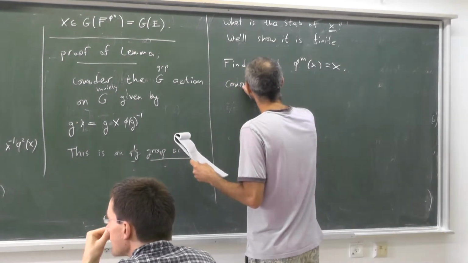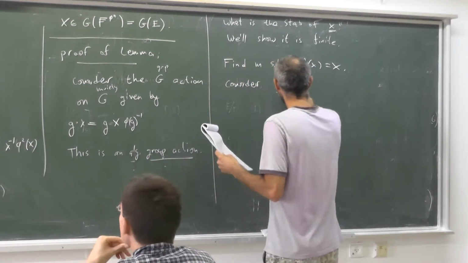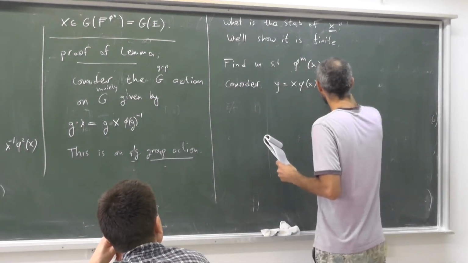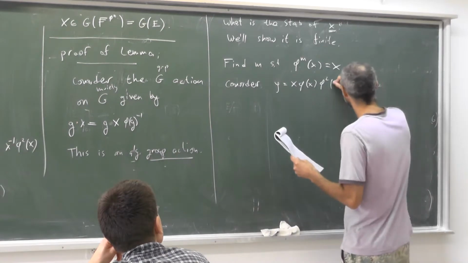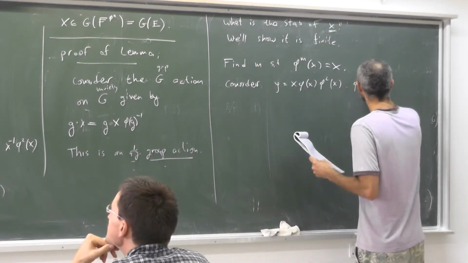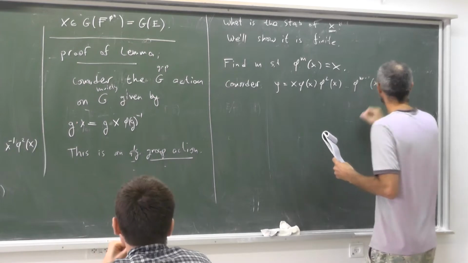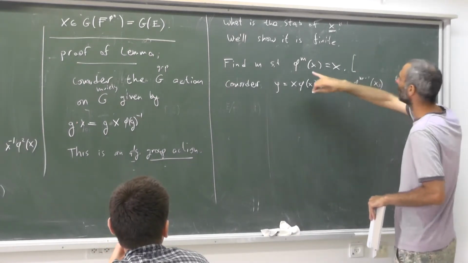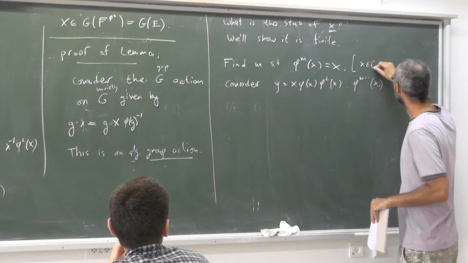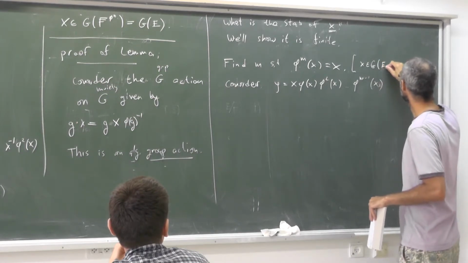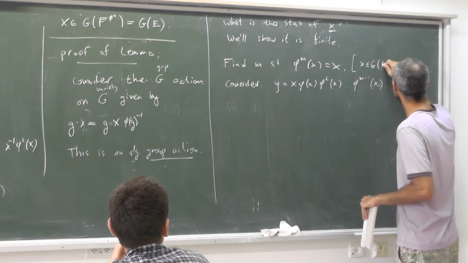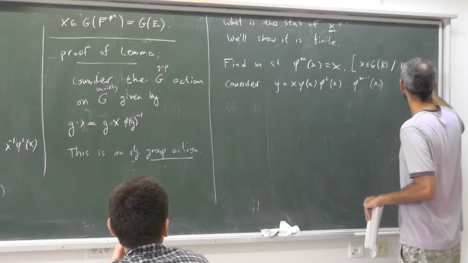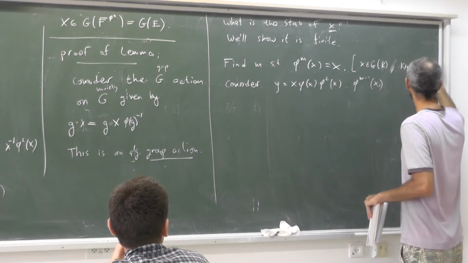And now consider y, which is x phi(x). Why am I doing it? It will be clear in a few minutes. Take this one. Maybe I'll write this: x sits in some G(K), K over F finite.